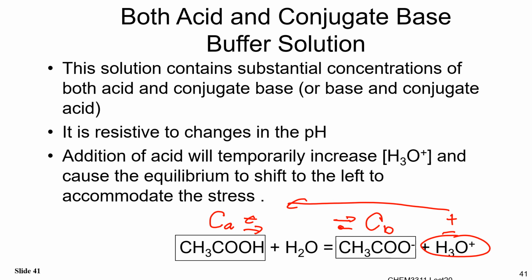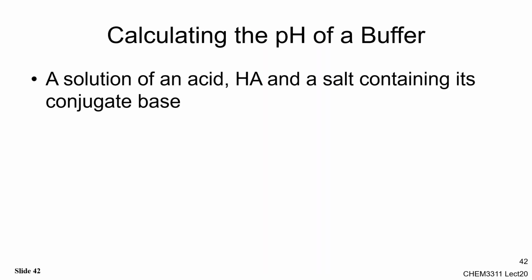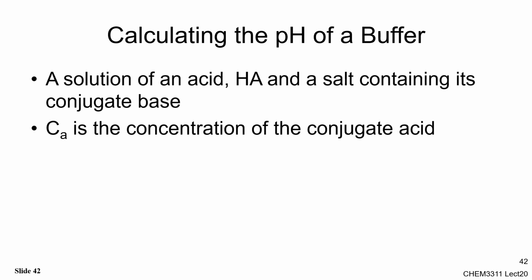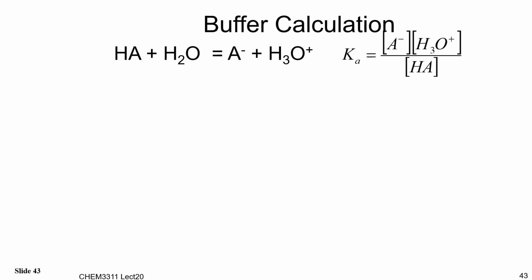We call things that are resistant to pH change buffer solutions. This is a buffer. It's an acid mixed with its conjugate base, or a base mixed with its conjugate acid. We use Ca for the concentration of the conjugate acid and Cb for the conjugate base form, and we do an equilibrium calculation.